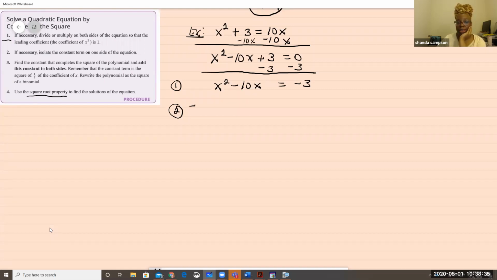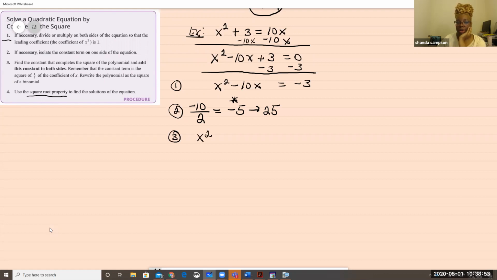So I'm going to take -10 divided by 2, which gives me -5. That's my asterisk, right? And then I'm going to square -5. -5 times -5 is 25. Then I'm going to add that to both sides.